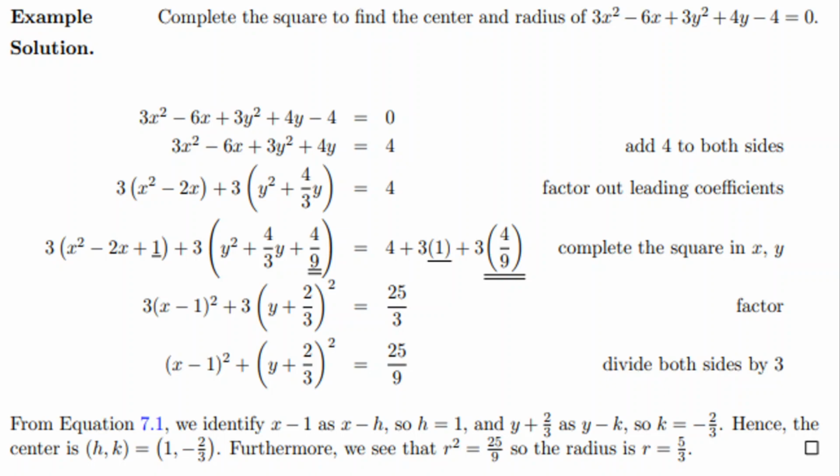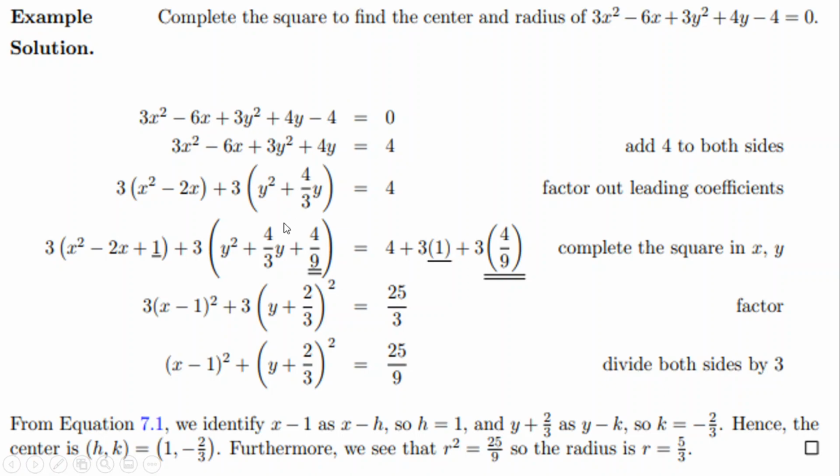So its factor is 3 times x squared minus 2x plus 3 times y squared plus 4 over 3y is equal to 4.